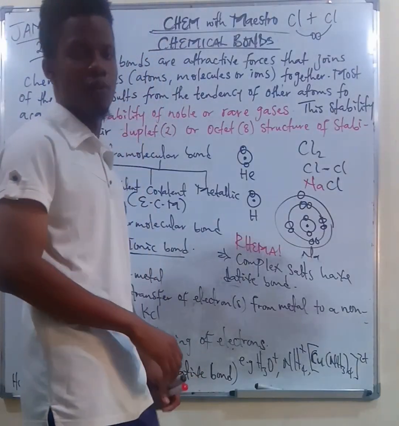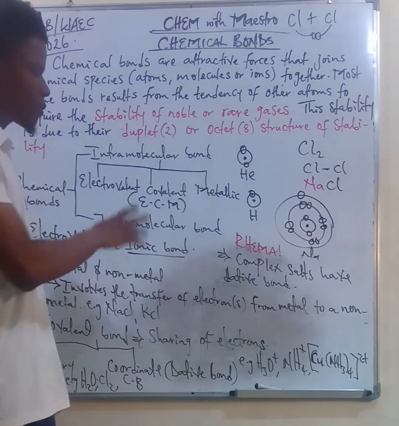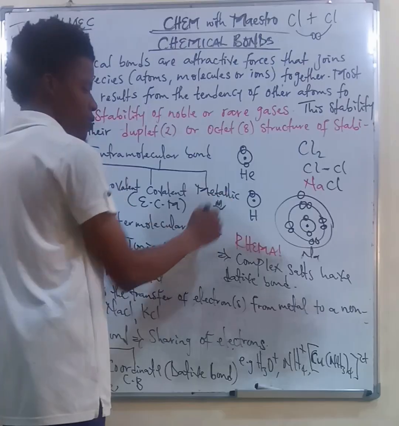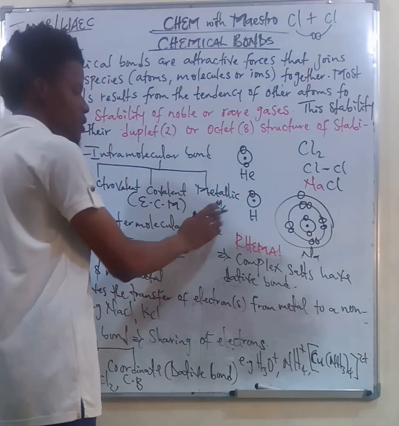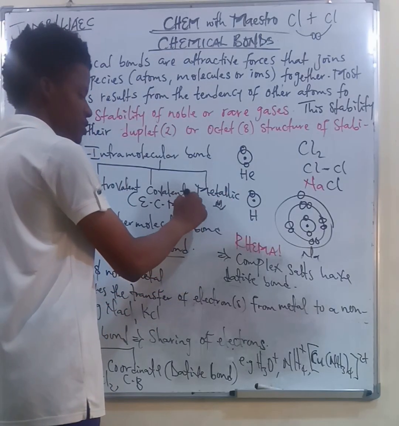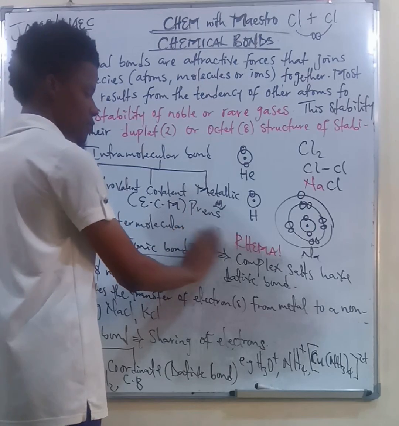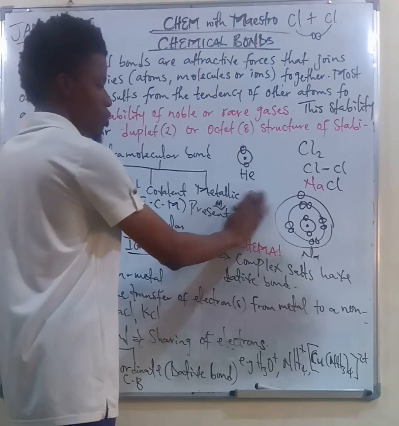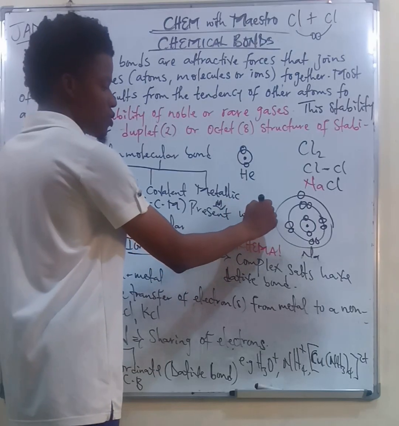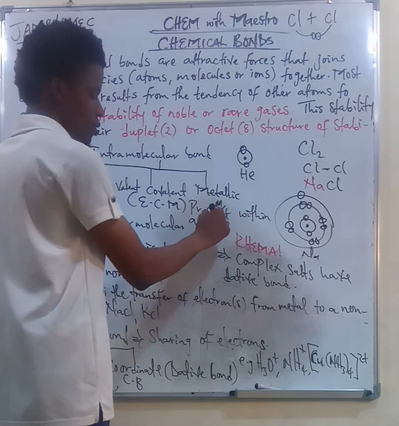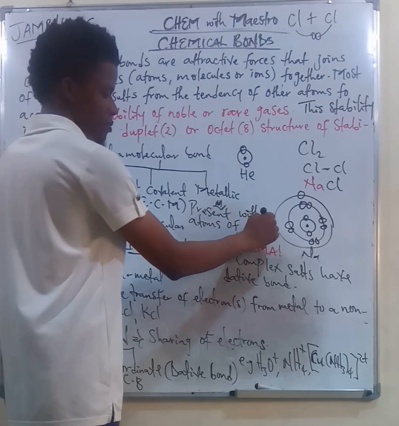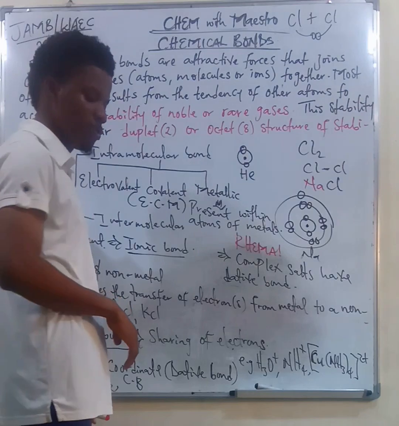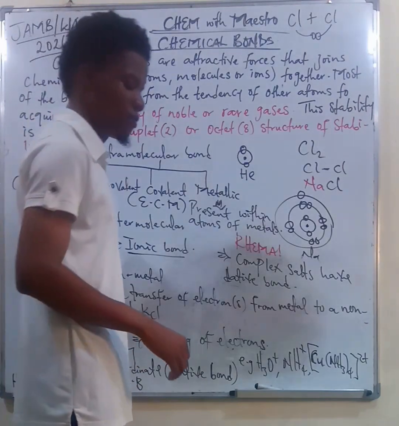Now, what is metallic bonding? Metallic bonding is a bond that exists within atoms of a metal. All right. This bond is present within atoms of metals.